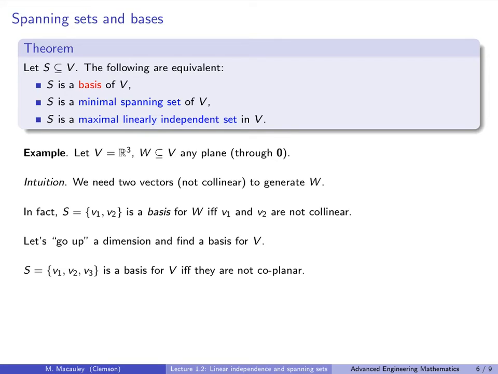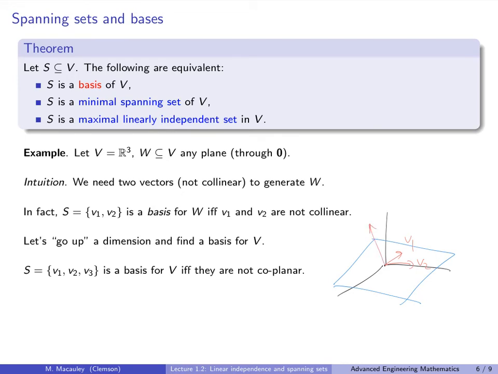Now let's convince ourselves of this. Well, we've seen pictures like this earlier in the lecture. If you have V1 and V2 that are not collinear, then they generate this plane, or they span the plane. And if we have V3 that lies on the plane, then we still span only the plane. So if V3 lies on the plane, it will not span the entire space.